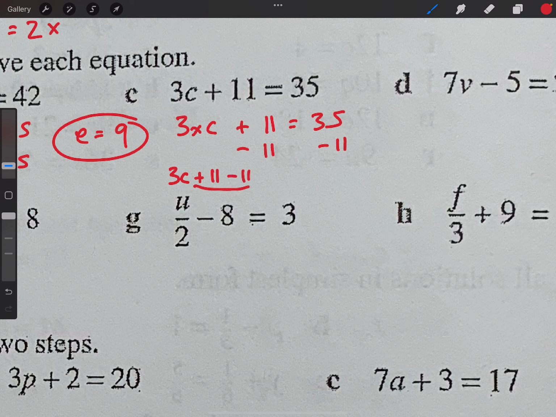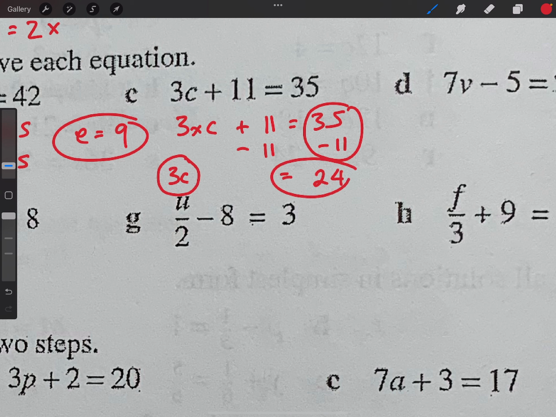When you plus 11 minus 11, it just cancels out. Now you have 35 minus 11, that equals 24. So basically 3 times this letter c is equal to 24, so we divide both sides by 3, and you can say c is equal to 8.